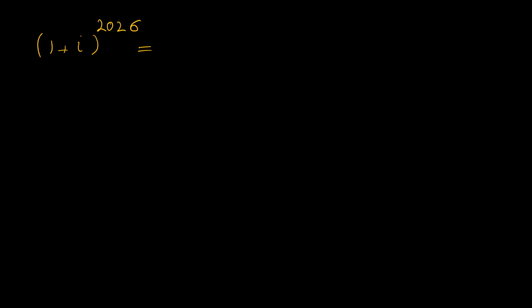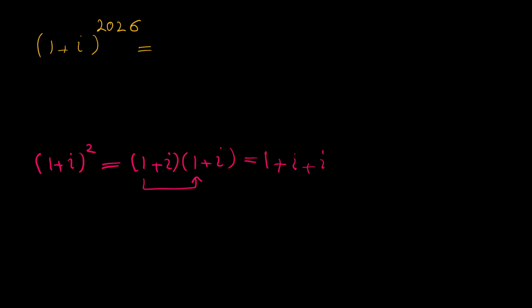Instead of raising 1 plus i to the power of 2026, let's see what 1 plus i to the power of 2 is first. 1 plus i to the 2 is 1 plus i times 1 plus i. If we multiply the two brackets by each other, 1 times 1 is 1, 1 times i is i, i times 1 is another i, and i times i is i to the 2.